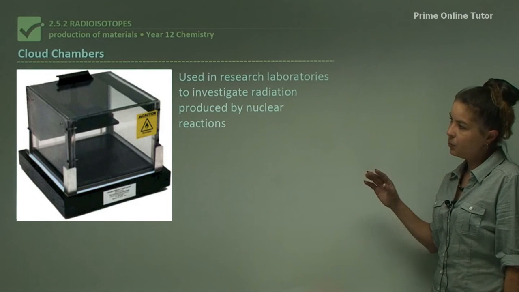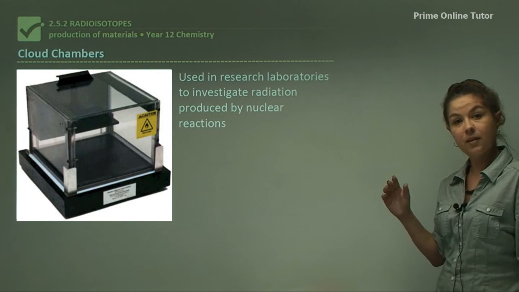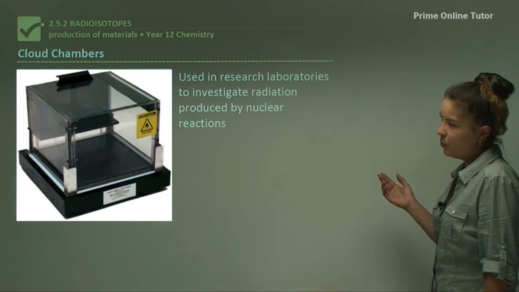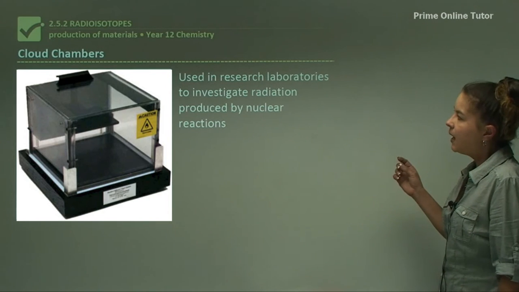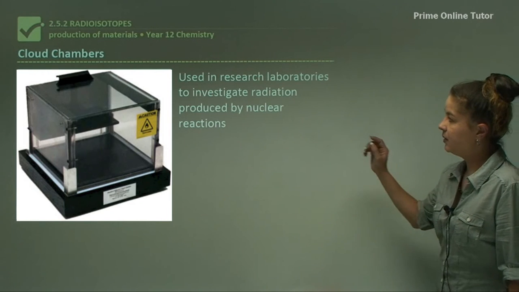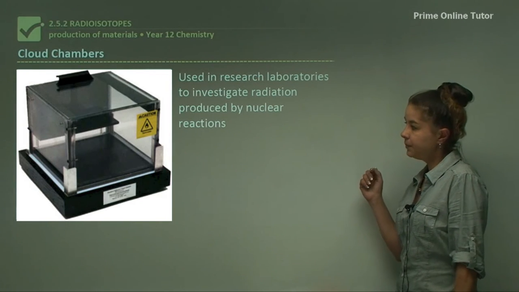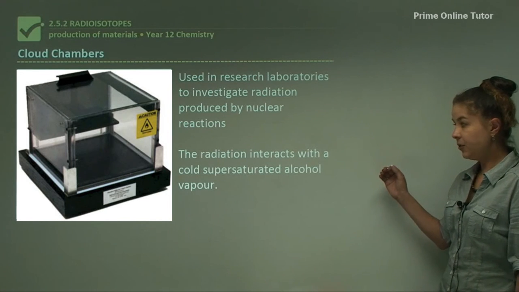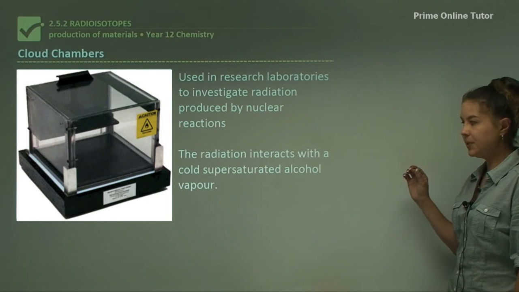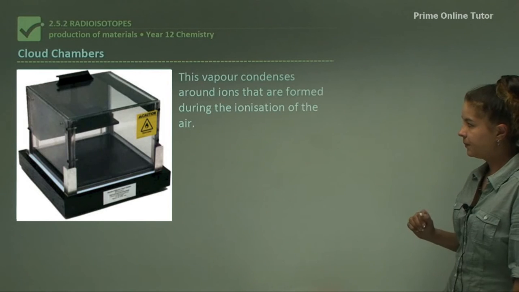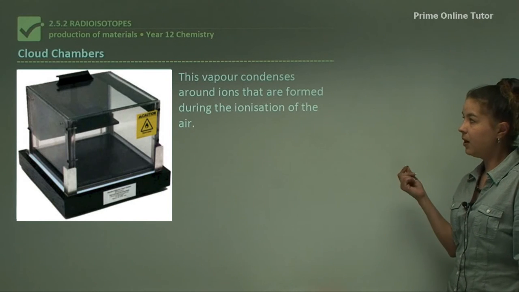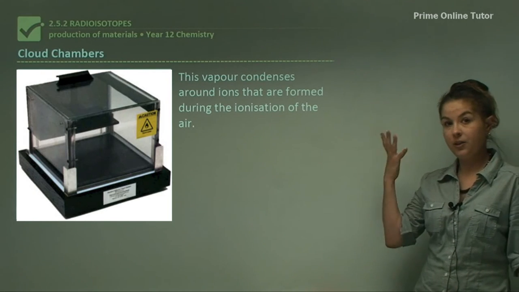Another way, and this is more in the laboratory, is something called a cloud chamber, and it's more used by physicists and research laboratories to investigate radiation produced by nuclear reactions. The radiation interacts with a cold supersaturated alcohol vapour, which condenses around ions that are formed during the ionisation of the air.